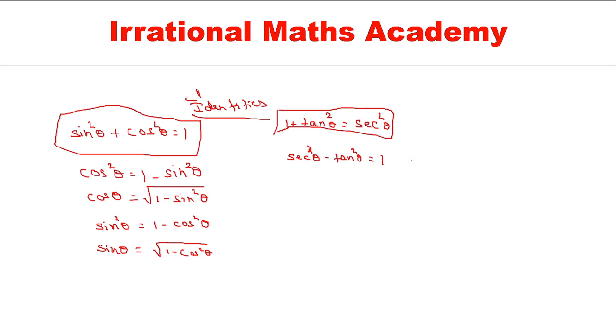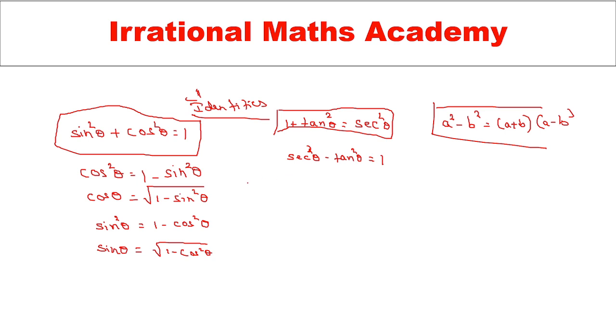Or if you look at here, a square minus b square equal to what? If you remember this formula, it is in the form of a square minus b square, right?